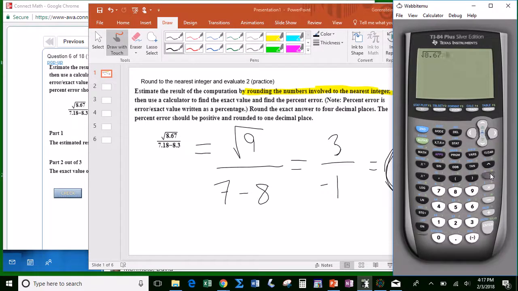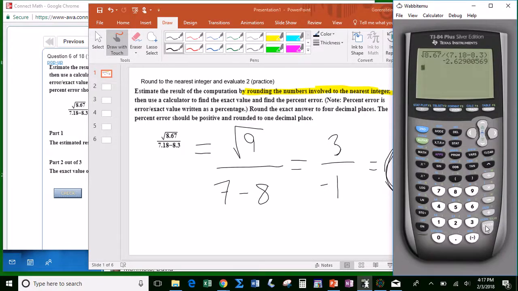And we'll divide that, and I'm going to use parentheses on the bottom. 7.18 minus the 8.3. Let's see what we get here. Close those parentheses.